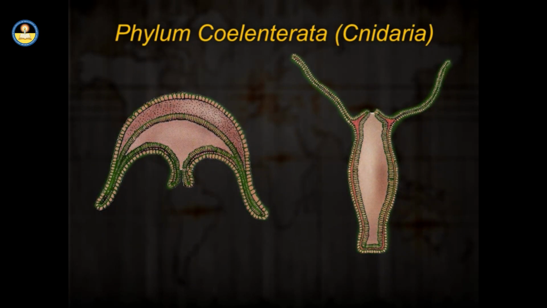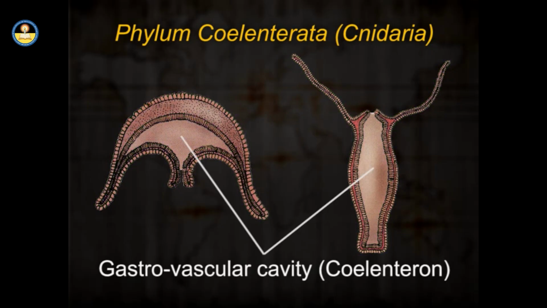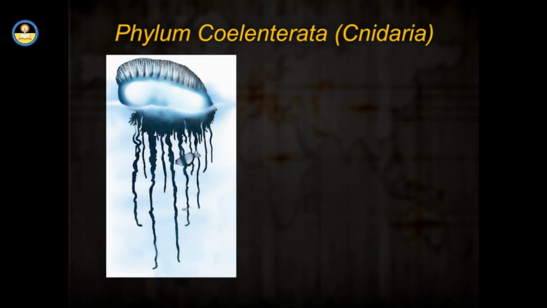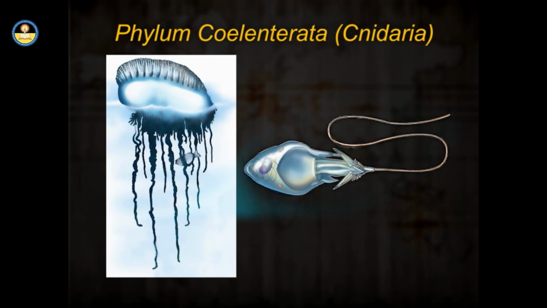Cnidarians have a diploblastic body and have a central gastrovascular cavity called coelenteron. Nematocyst. It is a specialized cell present in the tentacles containing a venomous, coiled barb which is used in self-defense or to capture prey.